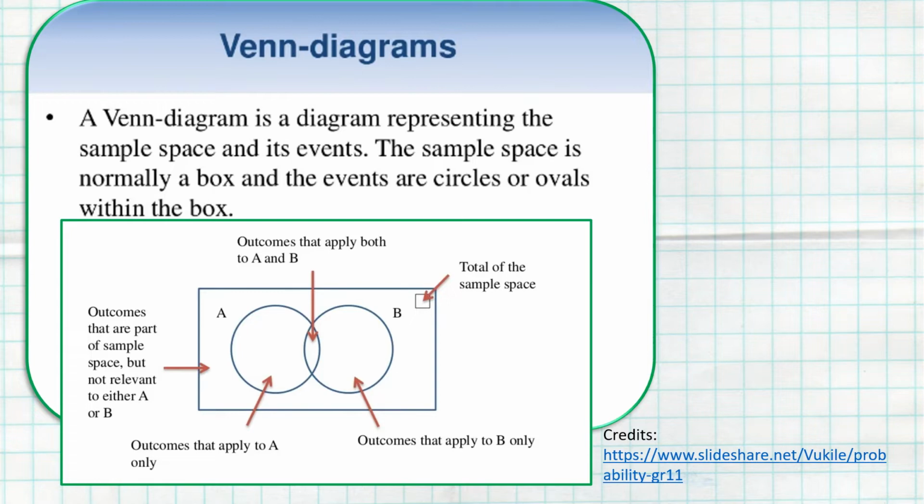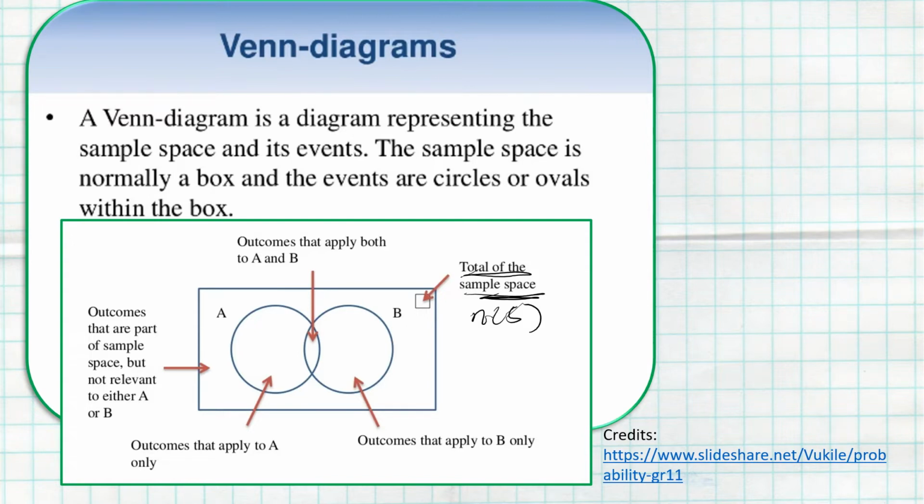Let's take a look at how you can get probabilities or certain outcomes, and what they represent on the Venn diagram. You have your event A, which is that circle, and event B, which is this circle here. On the top corner you'll have your total number of the sample space, n of sample space.